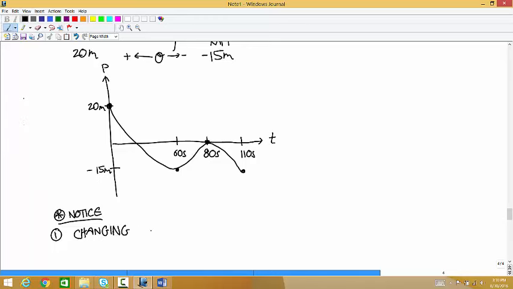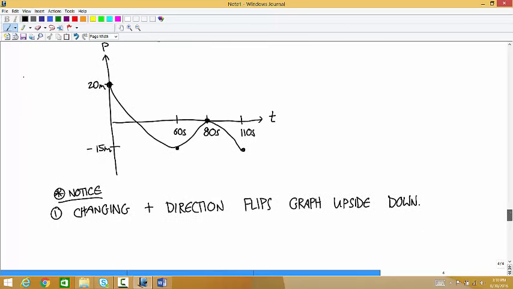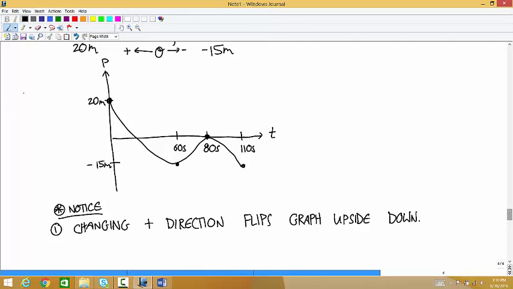So changing the positive direction flips the graph upside down. And then notice that the other thing that happened, besides being flipped upside down, is we got a shift vertically.